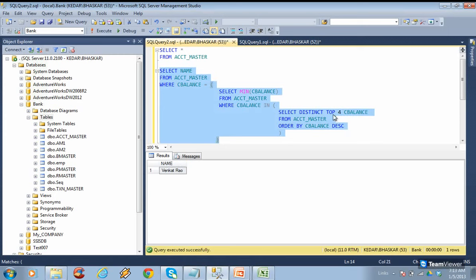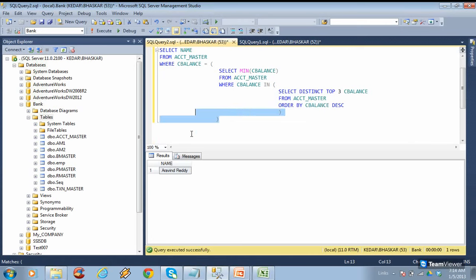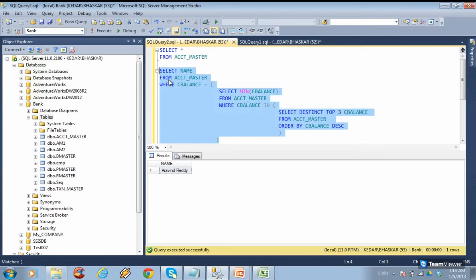Now, if you need the top one, you have to say highest balance top one, we have to change it here. Now, let us see who is the person having top one. Top one is Arvind. Who is the top third guy? Let us see who is having top third. Okay, top third is Seven Kumar.